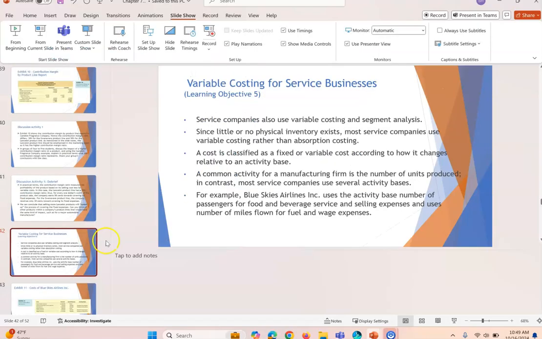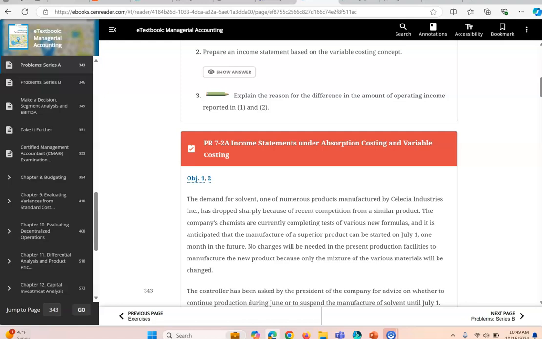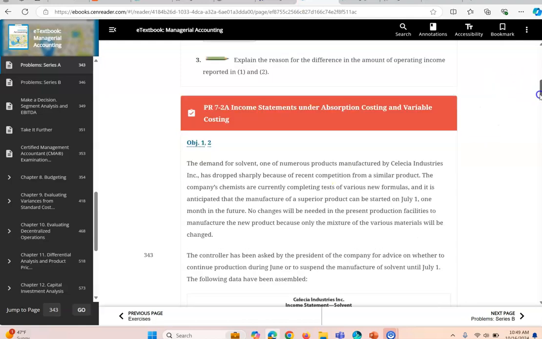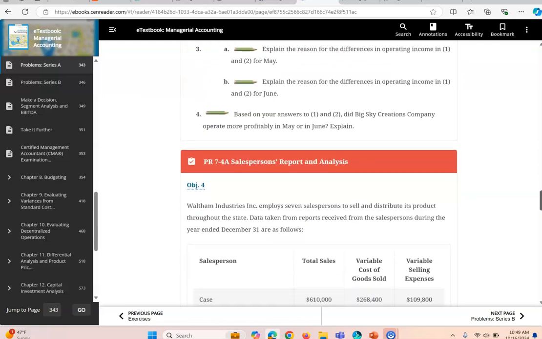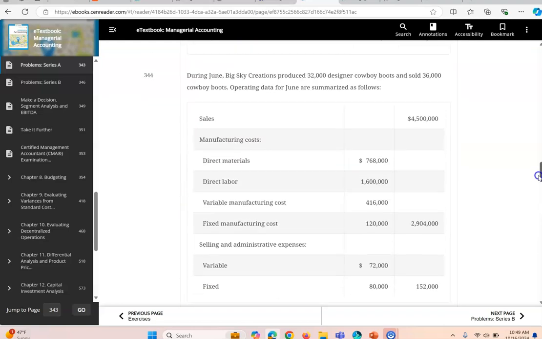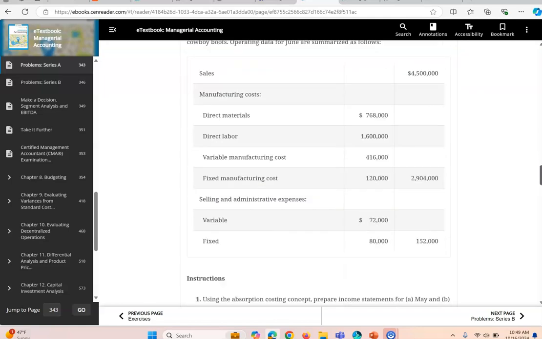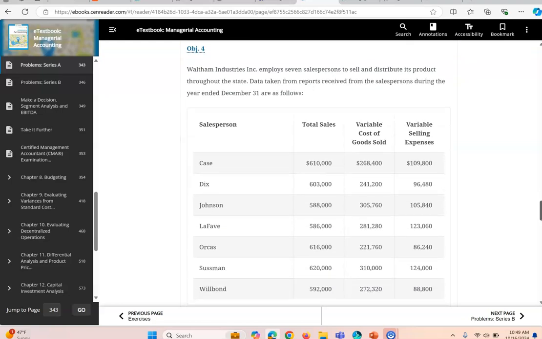Let's take a look at some problems here, guys. So I want to look at this one here. Watham Industries employs 7 salespeople to sell and distribute its product throughout the state.